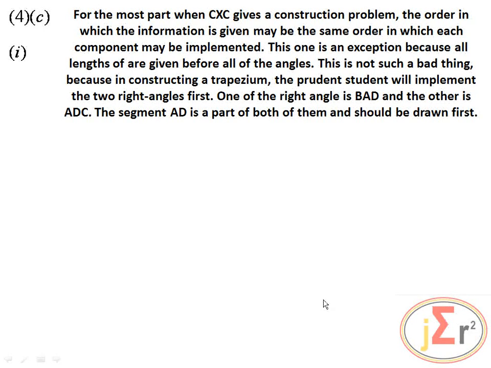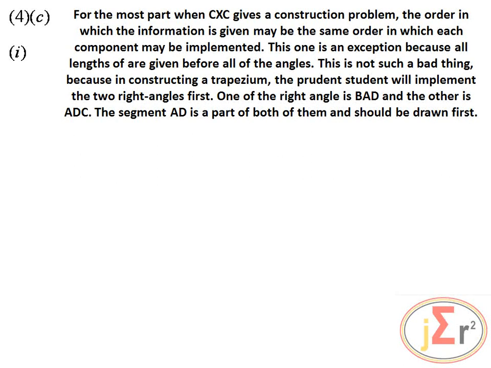Construction. Lovely. For the most part, when CSEC gives a construction problem, the order in which the information is given may be the same as the order in which each component may be implemented.